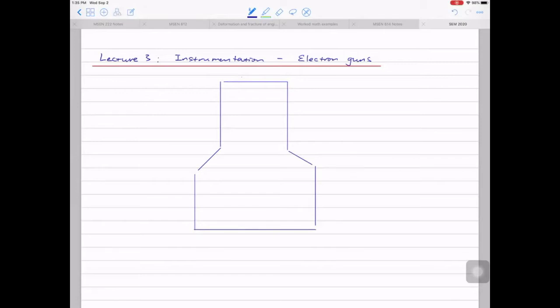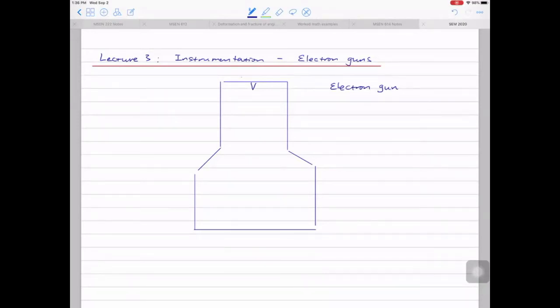On the very top, we have the electron gun. The purpose of having the electron gun is to generate electrons. Since we're using SEM, we need electrons to create images. So we need a source to create electrons.